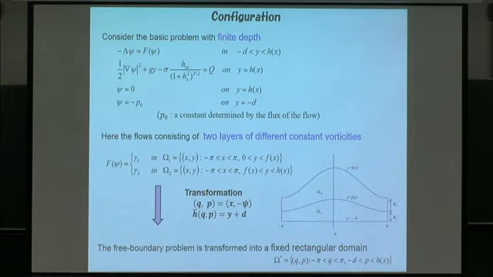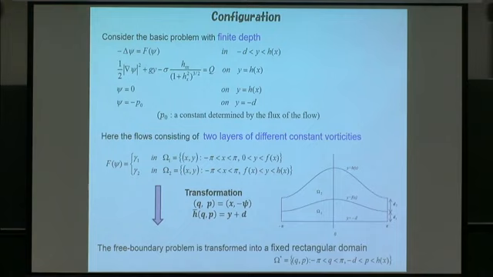Here, P0 is a constant determined by the flux of the flow, and in the Bernoulli condition, we put the coefficient of the surface tension term as sigma, and the constant on the right side as Q. We consider the flow consisting of two layers with different constant vorticities gamma 1 and gamma 2 in omega 1 and omega 2 respectively, and we put the interface between omega 1 and omega 2 as y equals f(x).